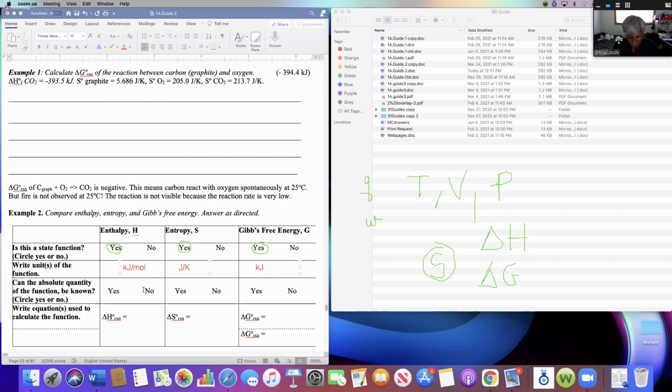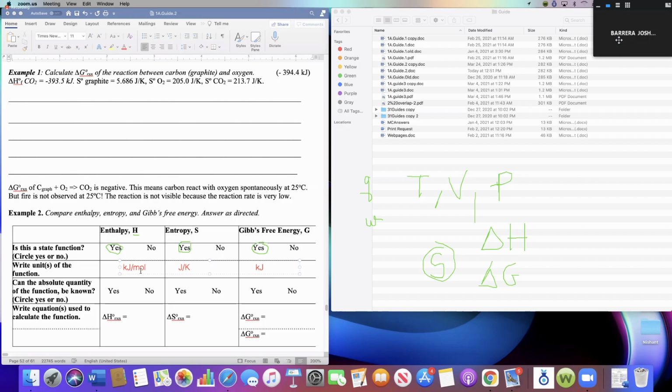Can we also know absolute enthalpy of a system? Can we know absolute energy of a system? Joshua, can you know absolute enthalpy of a system, absolute energy of a system?